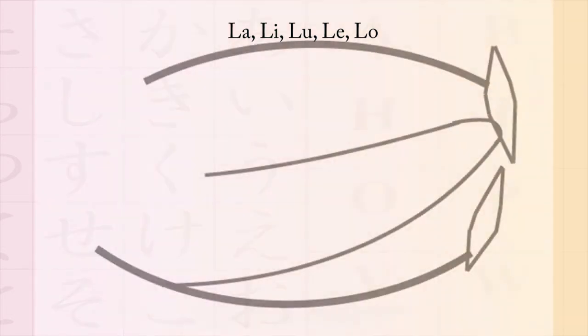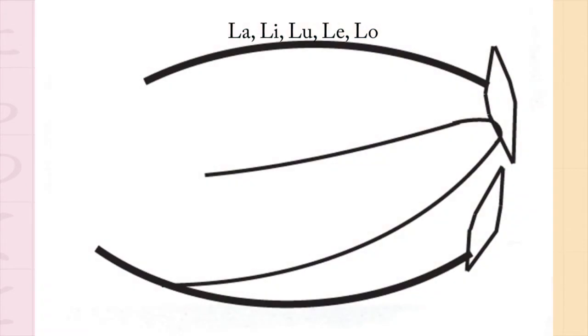Okay, so next, let's see what happens if you try to pronounce the letters in column 9 using the letter L instead of R. Then, of course, the sound will be la, li, lu, le, lo. Now if we look at the side of the mouth again, in this situation the tongue will be firmly pressed against the back or the bottom of your upper front teeth.